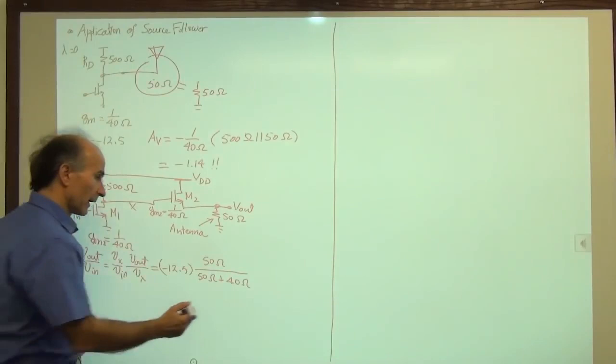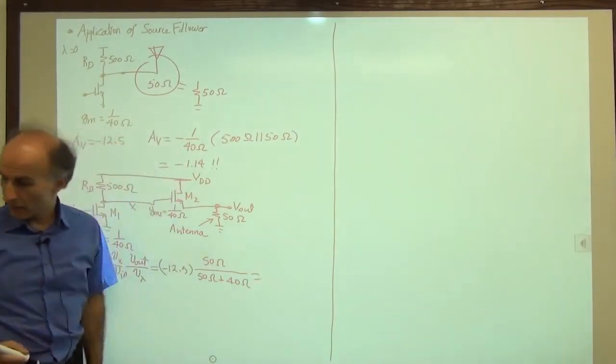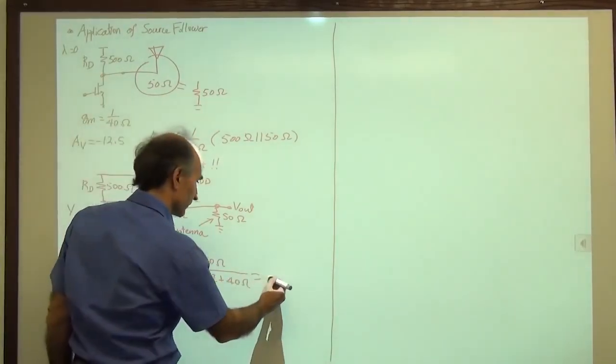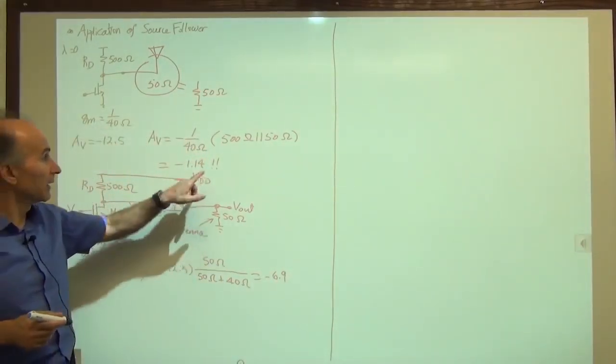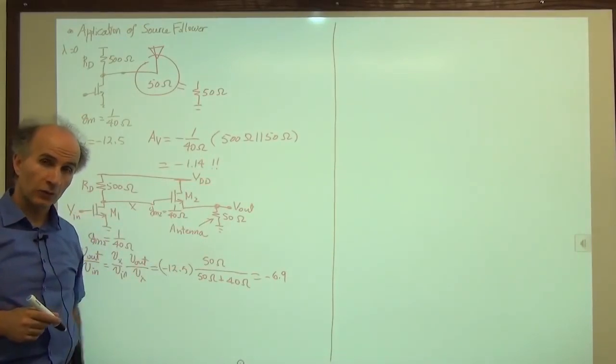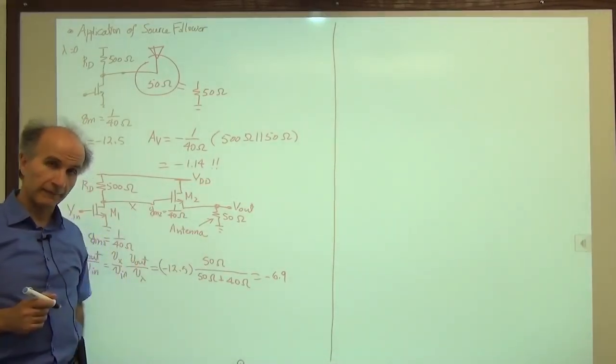So multiply these, and what we get is minus 6.9. So it's not too bad. It's much better than this voltage gain that we got when we tried to drive the antenna directly.